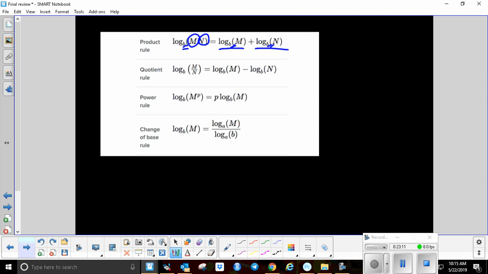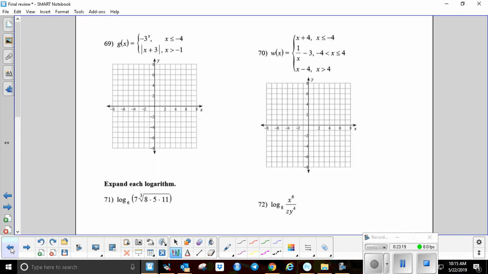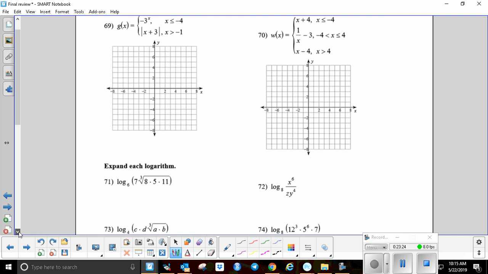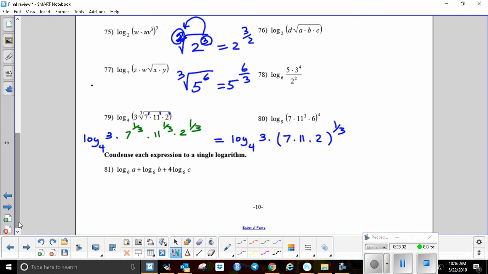I just add. So the first thing I'm going to do, I'm going to separate this to log of 4, 3 plus log of 4.